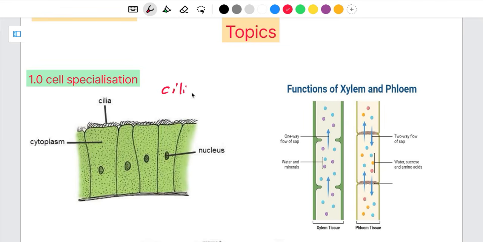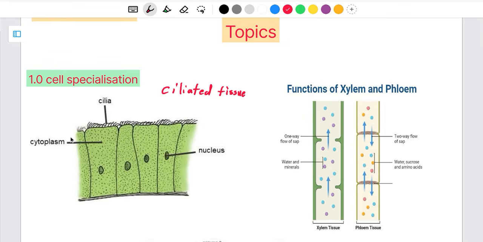It's a ciliated cell, or a ciliated tissue, since it is made up of different ciliated cells. A single ciliated cell is called a ciliated cell. A group of ciliated cells is called a ciliated tissue. So this one is a ciliated tissue.